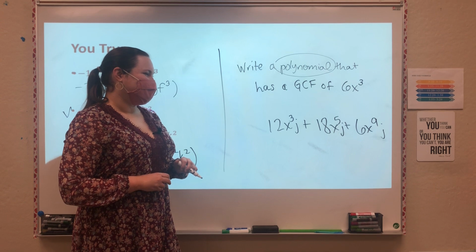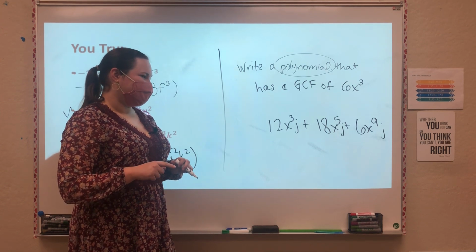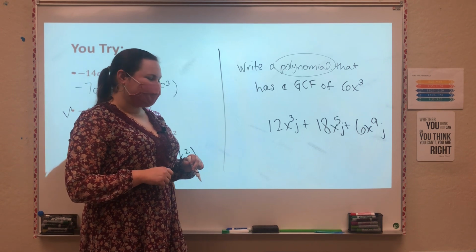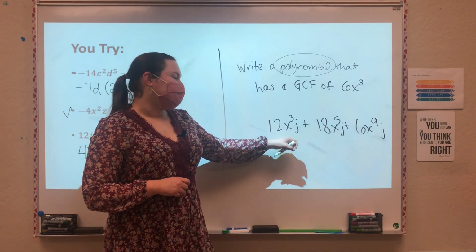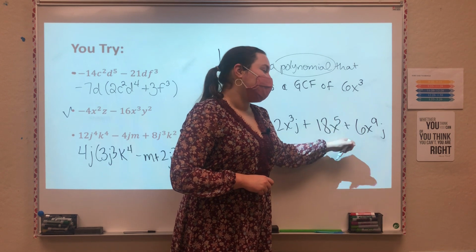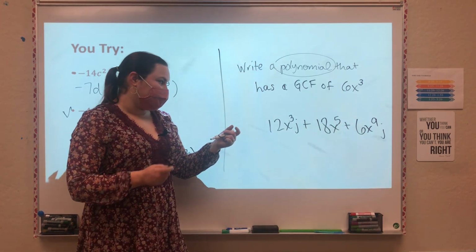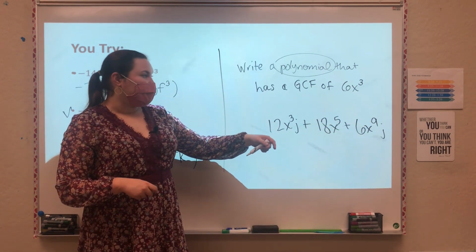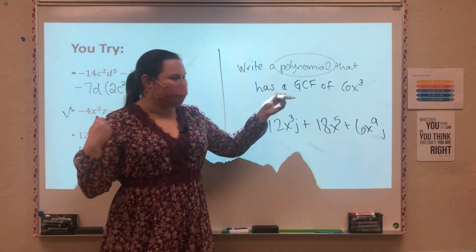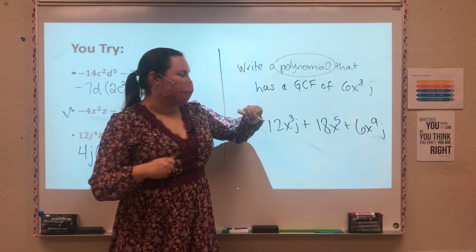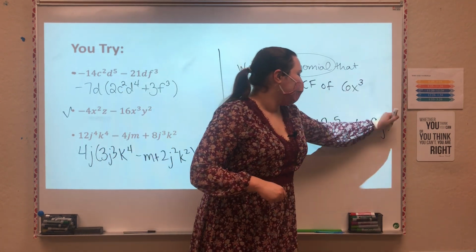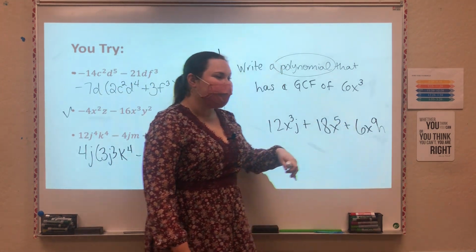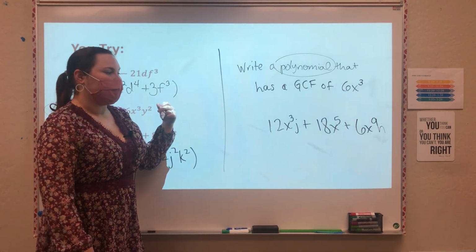No. Because then the greatest common factor would be 6x cubed j. Yes, exactly. So this was the only spot you told me to put a j. We could have also put it on another one if we wanted to, but you got it. We can't put it on all of the terms because then it would turn into something they have in common, which would then mean that would be our greatest common factor. So feel free, if you want to have fun with your variables, you could put some n's for Nile in there if you want, but you just can't put it on all the terms.